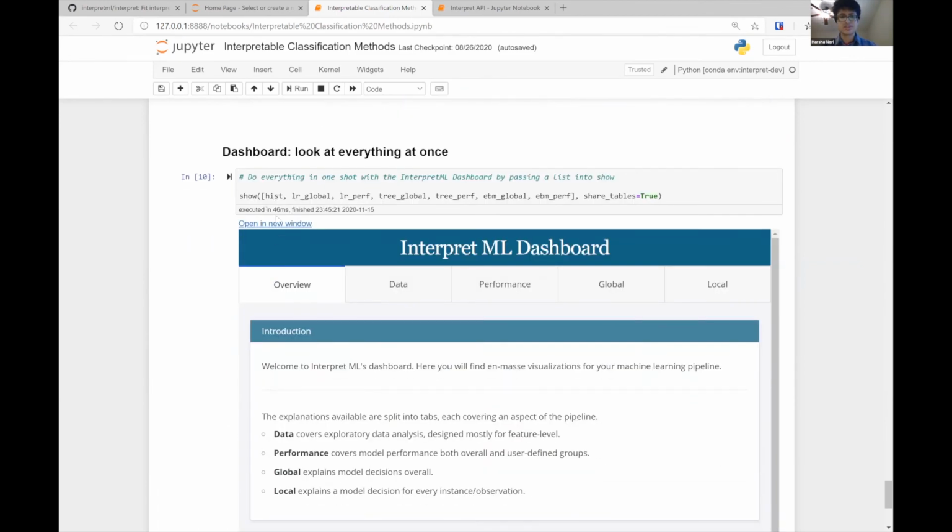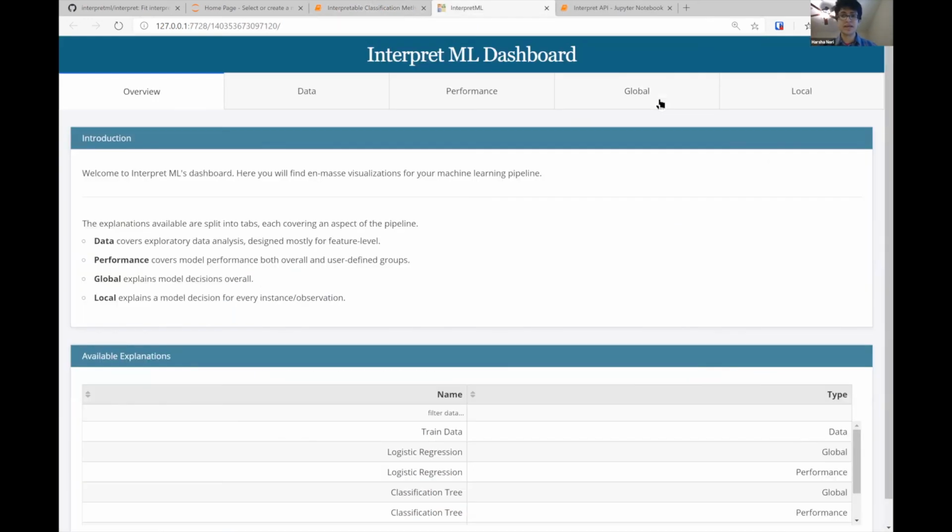And we also include a dashboard that you can create that helps you compare different methods together. So the goal of Interpret is really to provide implementations of many different Glassbox models and black box explanation techniques, and then help you pick the best one for your problem.